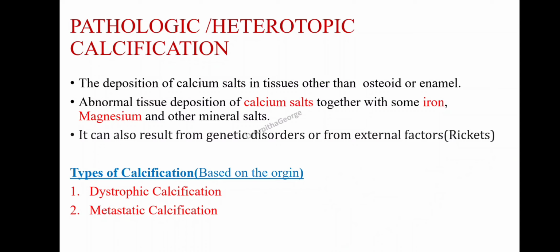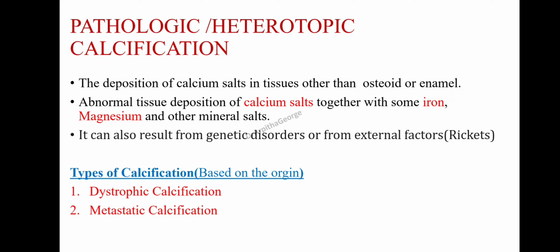Because normally the calcium salts are supposed to be in two places. One is bone, osteoid, and another place is enamel. That is a very normal physiological process, a very normal function of our body.